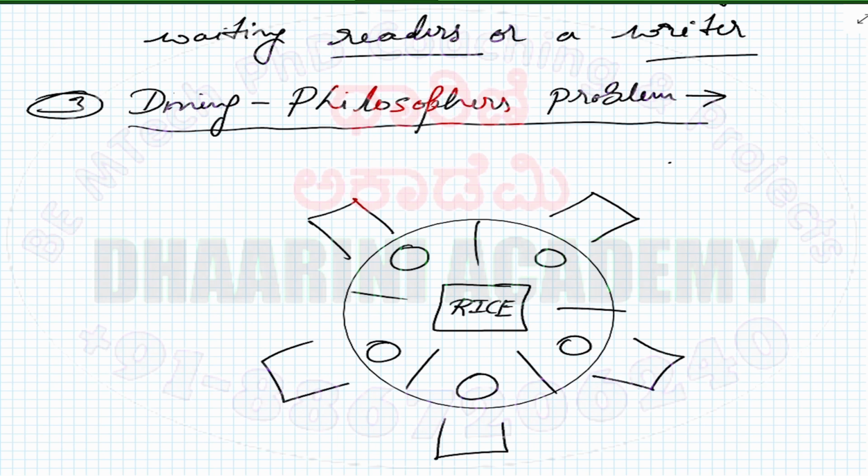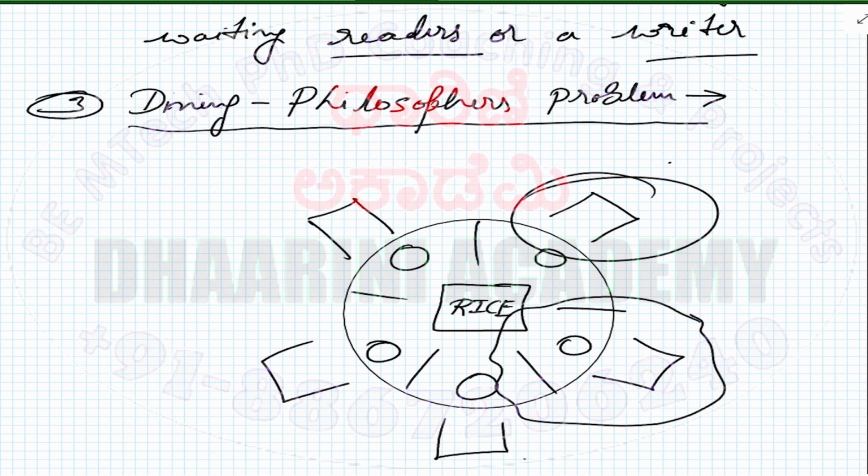Now we'll relate this to what is called the synchronization problem related to processes. When we have multiple processes running and there is a finite amount of resource, we need to make sure how to handle who gets the next chance, who will get the chopsticks next. Once this particular philosopher takes this, either this or this may not get a chance because only one of them may be free.